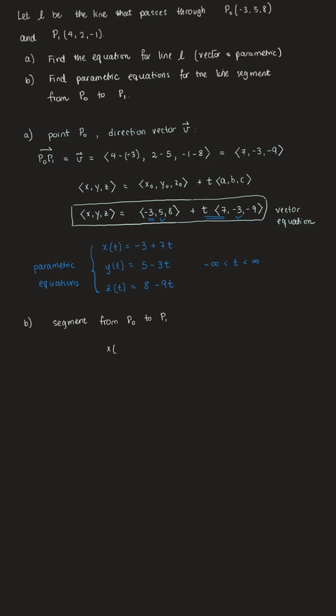So x of t is negative 3 plus 7t. y of t is 5 minus 3t, and z of t is 8 minus 9t. And what we need to do here is restrict our parameter so that we only have the segment from P0 to P1.